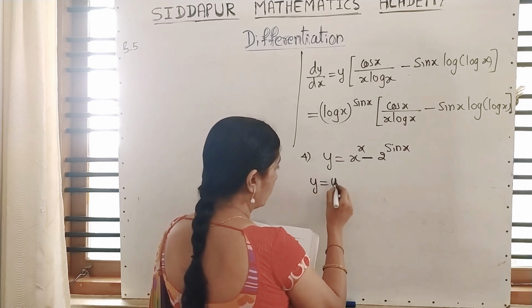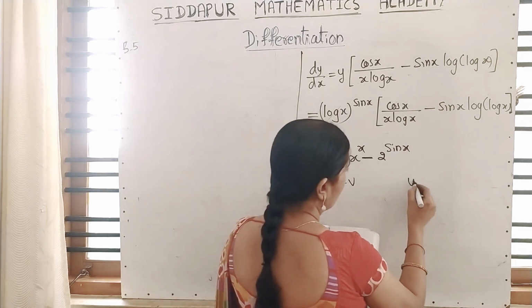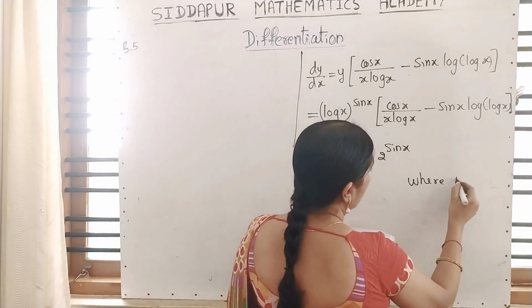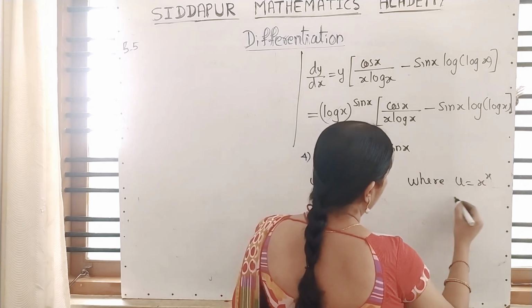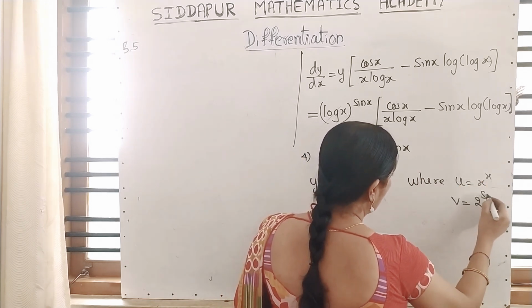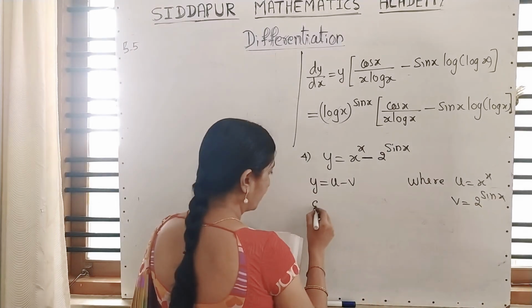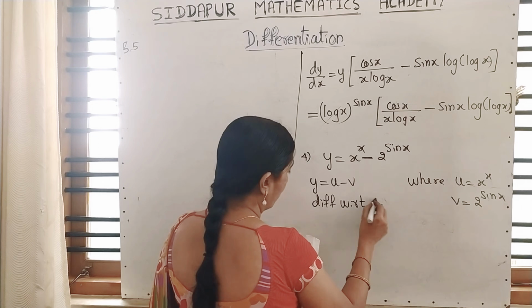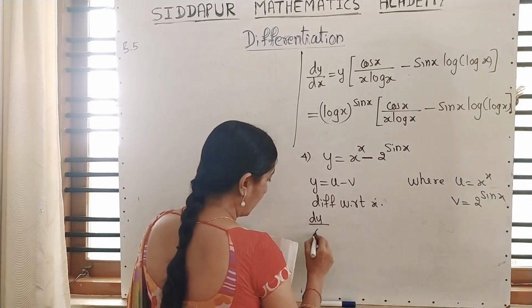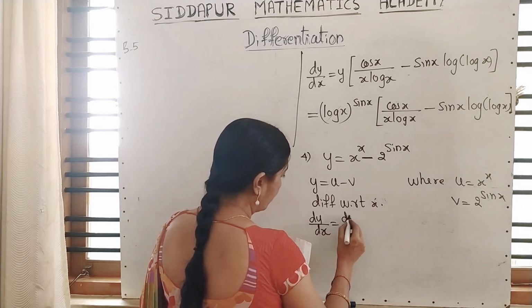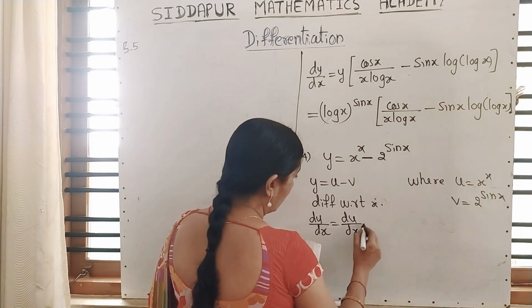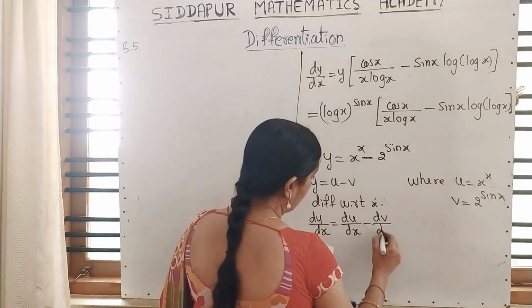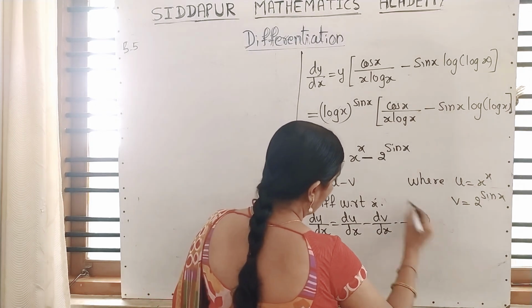So y is equal to u minus v, where u is x raised to x, v is 2 raised to sin x. Differentiating with respect to x, dy upon dx is du upon dx minus dv upon dx. Equation 1.